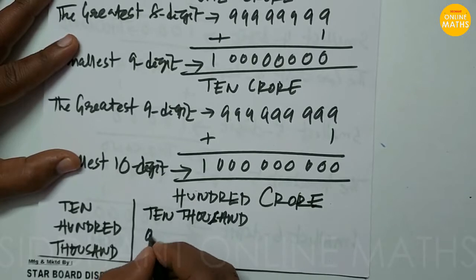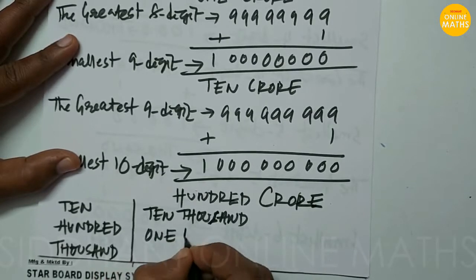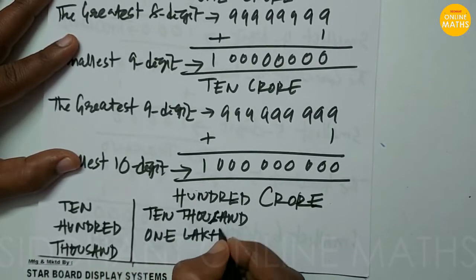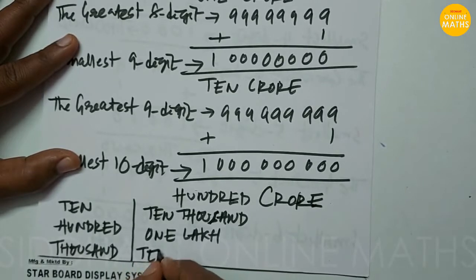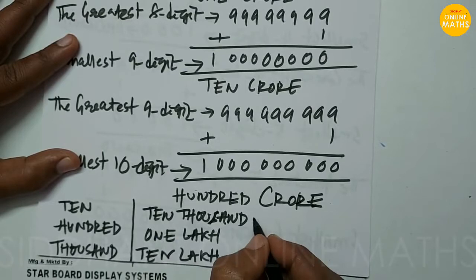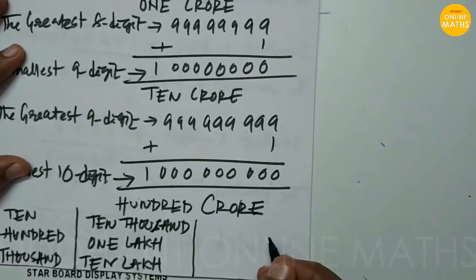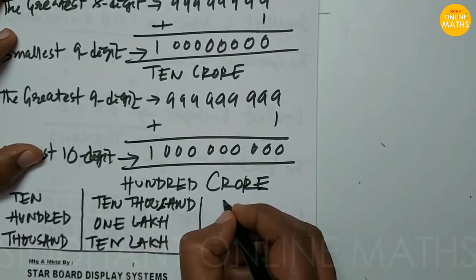After that we read it as 1 lakh, then 10 lakh.